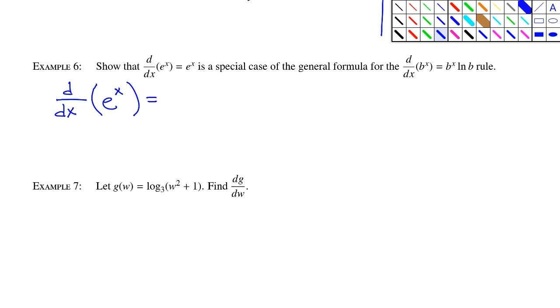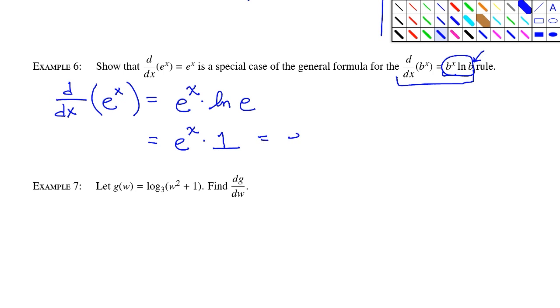I'm instead going to use the general rule where it's a base. It's just some base. So here we have e. I'm using this rule right here. This is going to be e to the x times the natural log of the base. But the base itself is e. Now the question is, what's the natural log of e? Well, we've done this one before. The natural log of e is 1. And so then you do get e to the x, and it just simplifies straight on out of there.